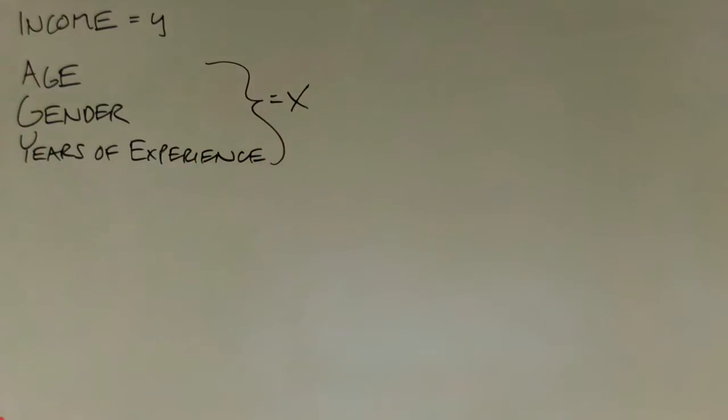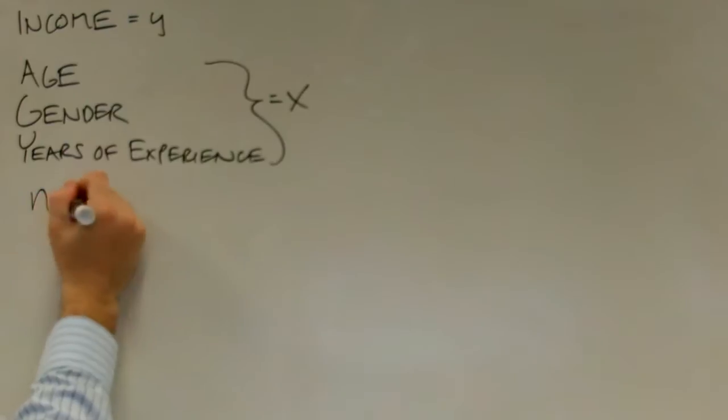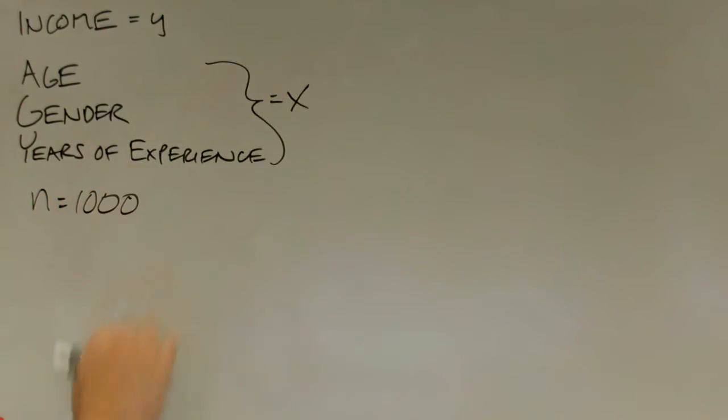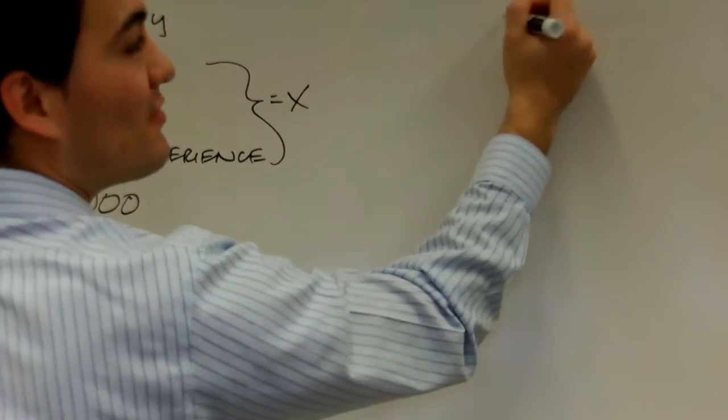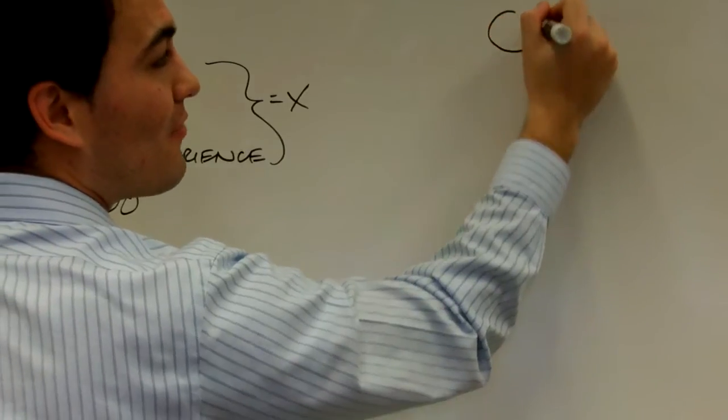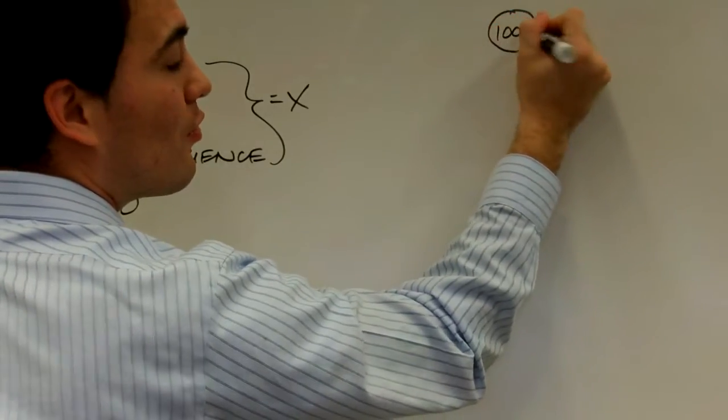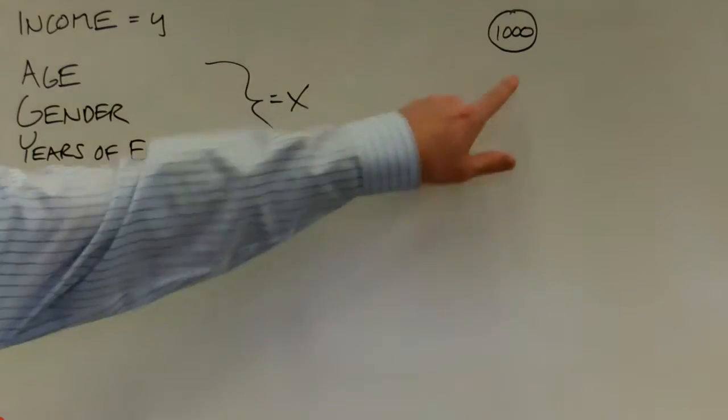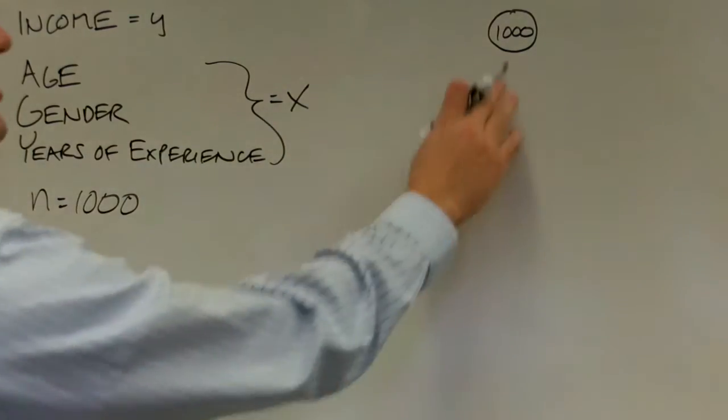Those are our X variables. Remember we had n equals 1,000, so 1,000 observations in our data set. So what we start with is we start at the very top of our decision tree with 1,000 observations. That's what I wrote in there, 1,000 observations.